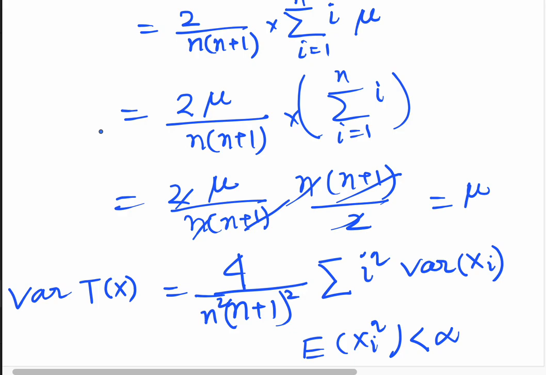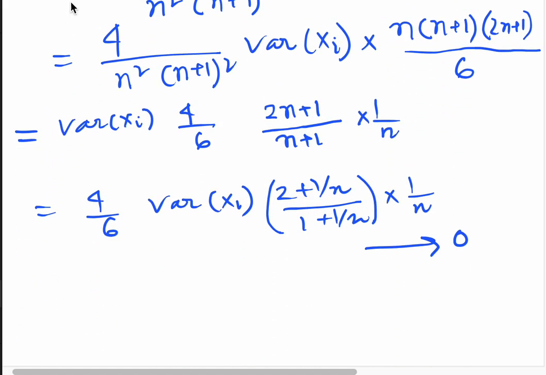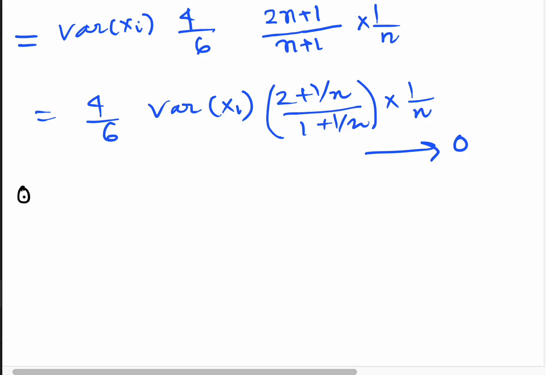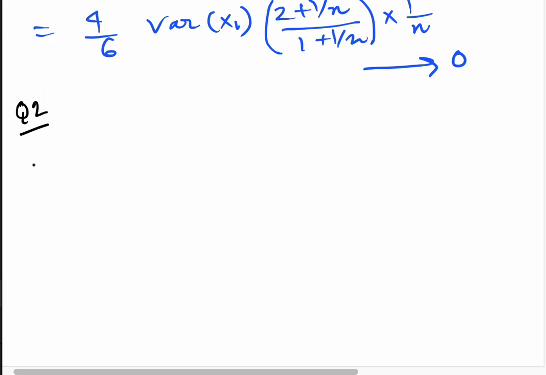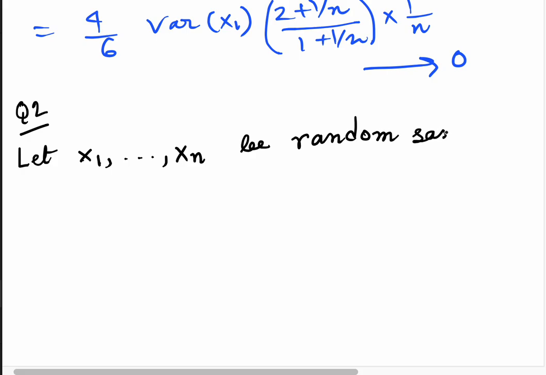Question number 2. Let X1, X2, ..., Xn be random samples from a uniform distribution between 0 to theta.